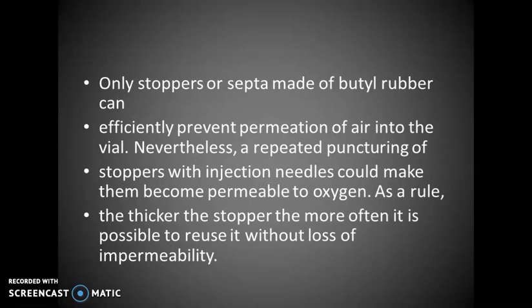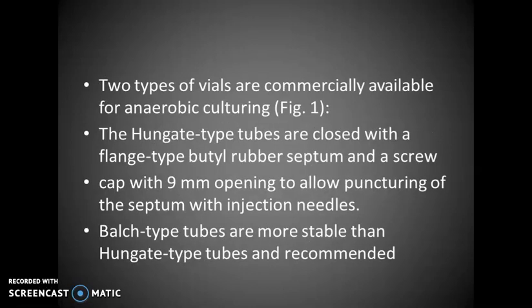Nevertheless, repeated puncturing of stoppers with an injection needle could make them permeable to oxygen. As a result, the thicker the stopper, the more often it is possible to reuse it without loss of impermeability. So we are talking about the stoppers.